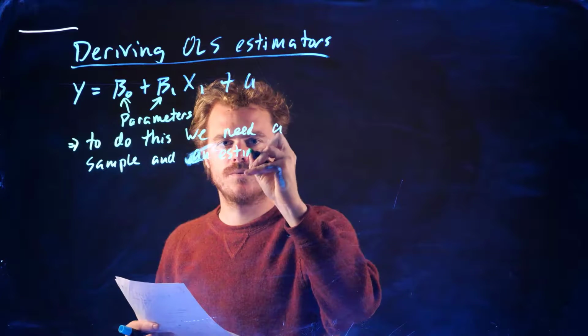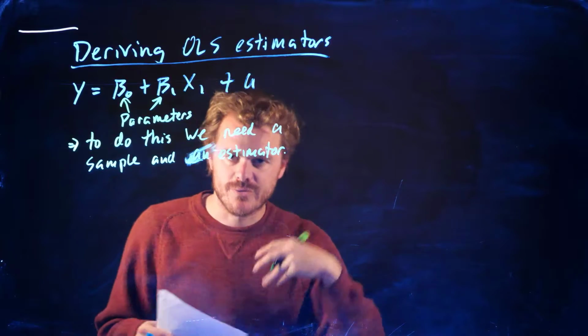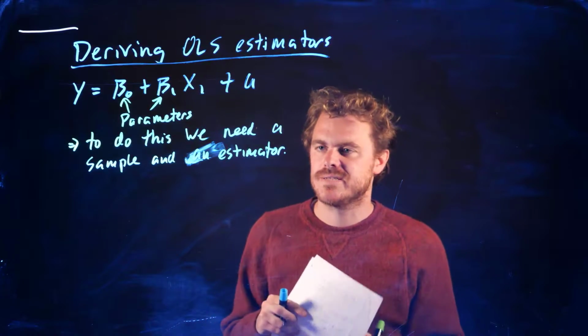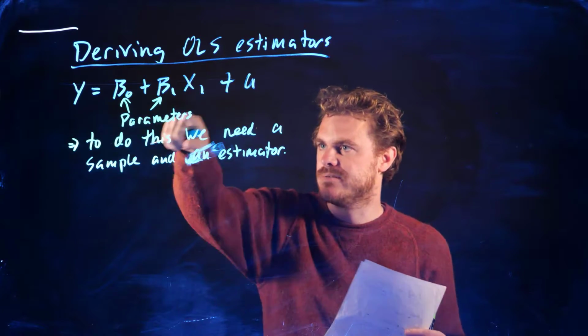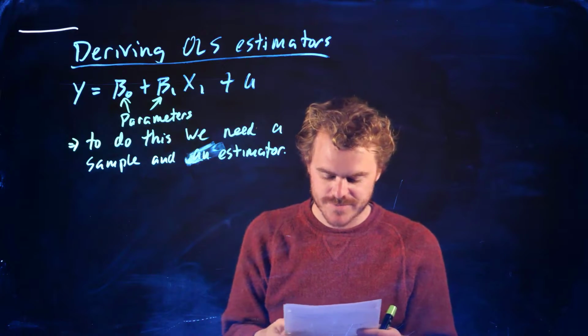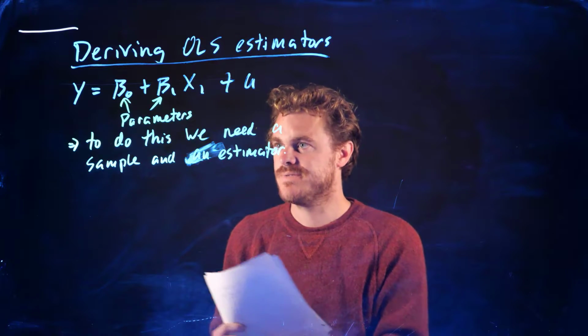So like some kind of rule. So we talked about 3 different kinds of approaches to estimation. So we need one of these approaches that we're going to implement to get estimators for these parameters.